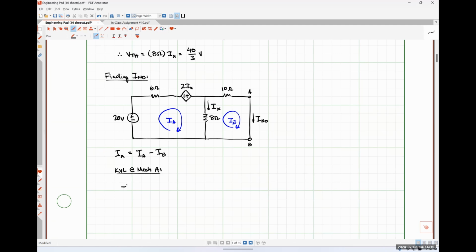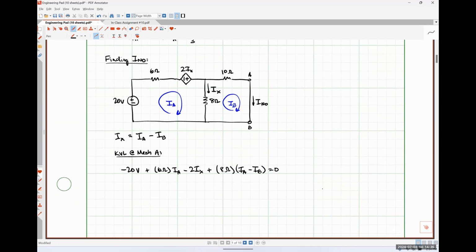So that's going to look like negative 20 volts plus 6 ohms IA minus twice IX plus 8 ohms times IA minus IB is equal to 0.